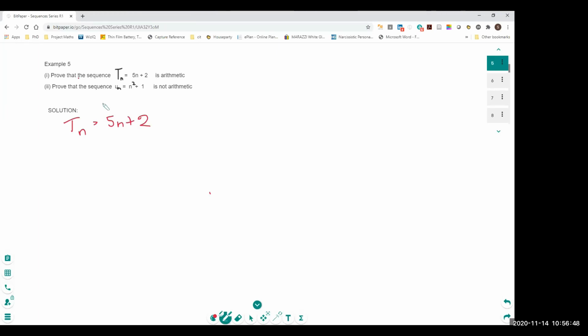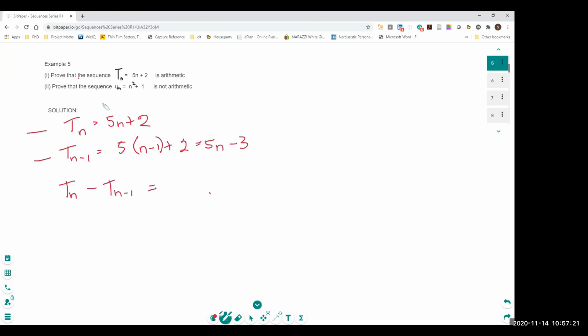So you have Tn is equal to 5n plus 2. So T of n minus 1 is equal to 5 times n minus 1 plus 2, which is equal to 5n minus 3. Now we have two terms there, one after the other. In order to verify it, we have to test if Tn minus T of n minus 1 will give us a constant.